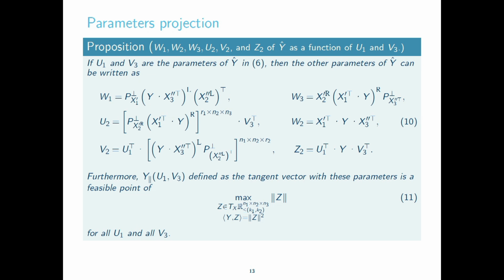Furthermore, if we construct a tangent vector using these equations, this tangent vector is a feasible point of the constrained optimization problem for any U1 and V3. So of course, we are going to use these equations further in the method.